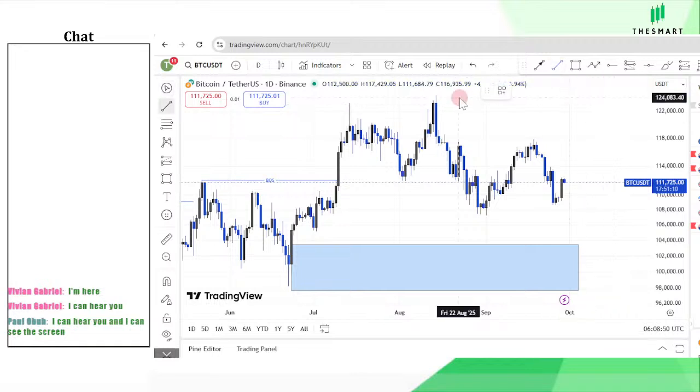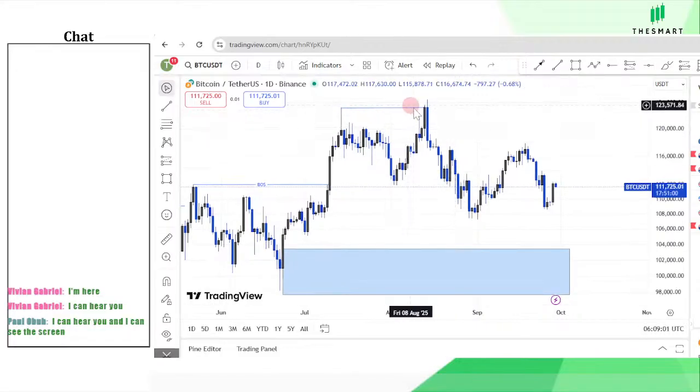Let's see if there was a break of structure at this point or we have a sweep of liquidity. Okay, so on the daily, there is a break of structure at this point, and there's a change of character on the daily time frame at this point. On the daily time frame, the market has already turned bearish.